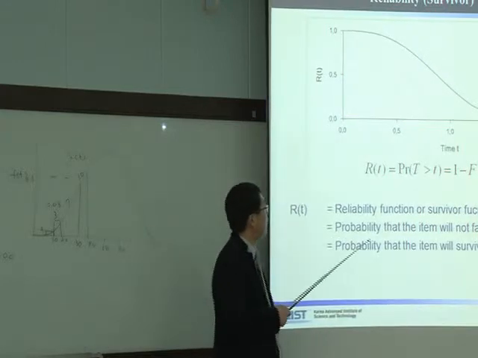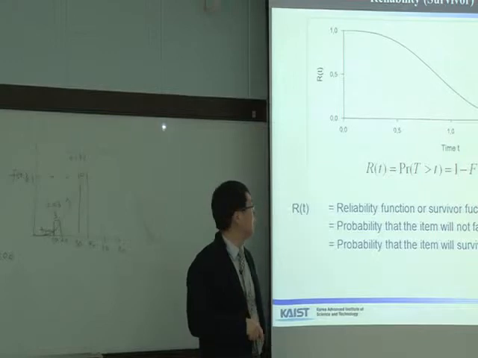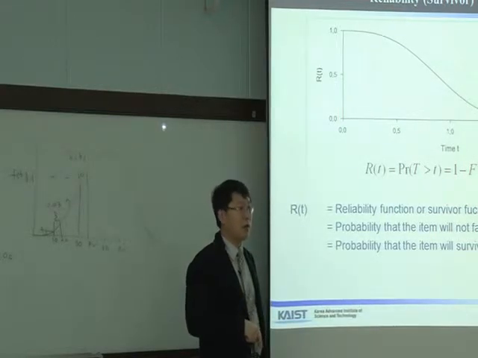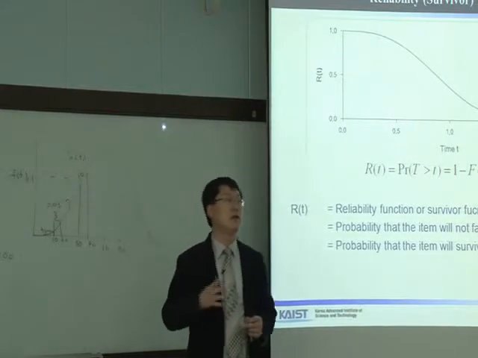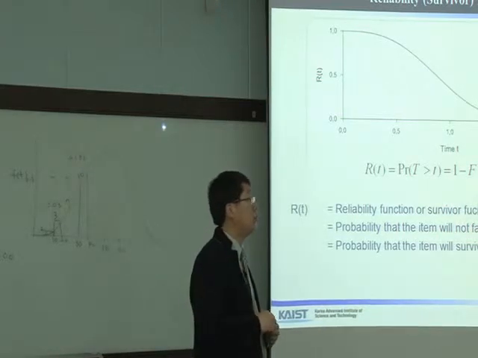It is the probability that the item will not fail in 0 to t, the probability the item will survive at least to time t. So it's the complement of the failure function.